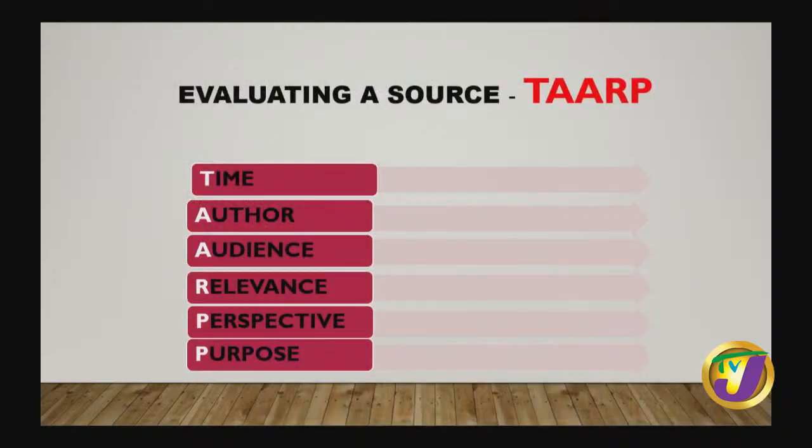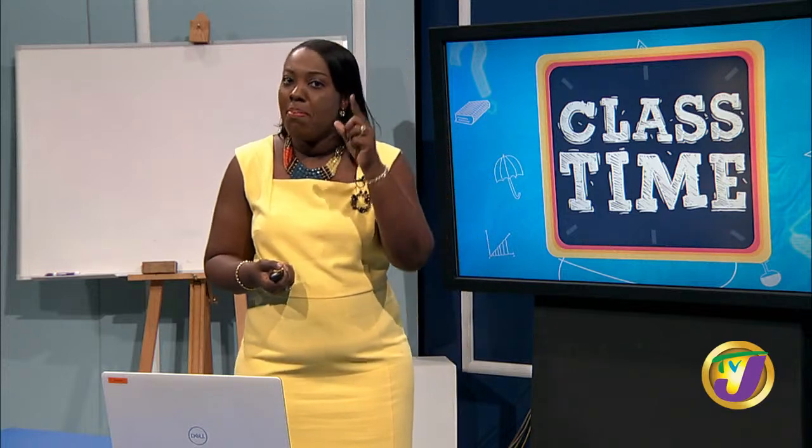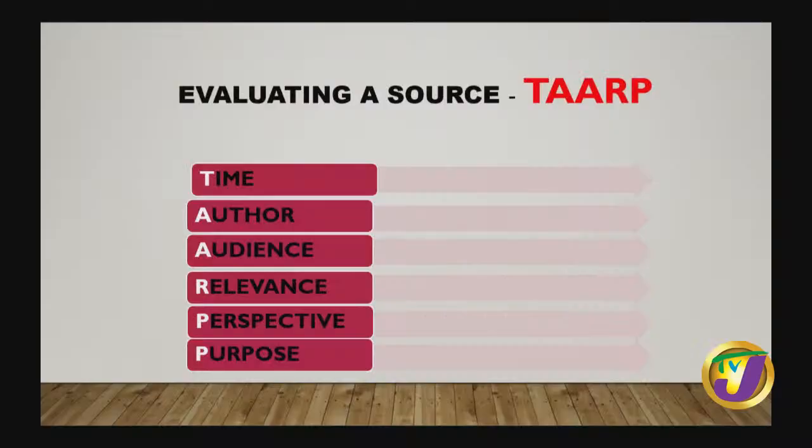So what I want to share with you this morning as well is the acronym TARP. For me, I learn easier, or I remember things when I attach an acronym to it. And so I want to share with you this morning, students, the acronym TARP. T-A-A-R-P.